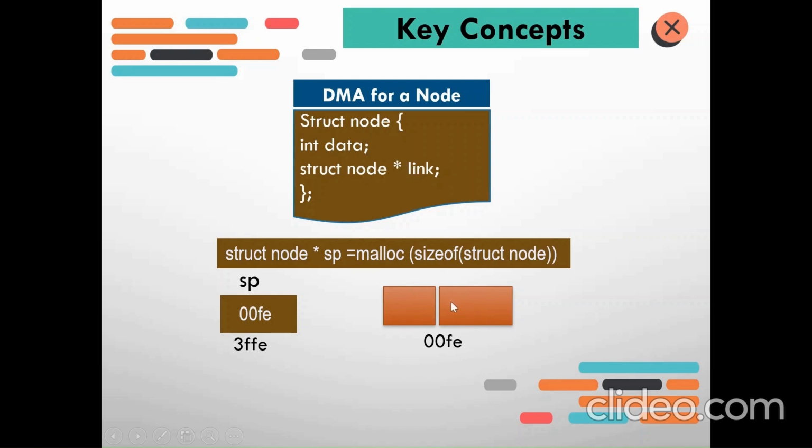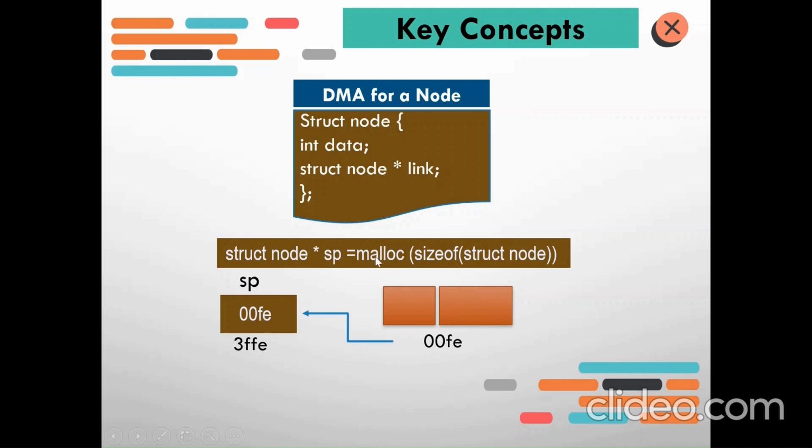It has been declared in this context, right? So this would be my data part and this would be my link part. So collectively, it is a node which has been allocated memory at 00FE, of course 4 bytes, right?